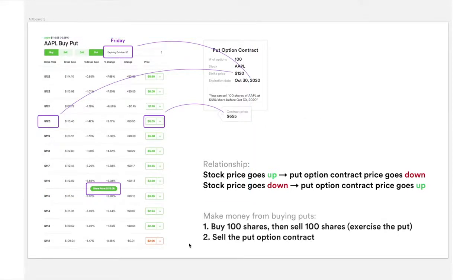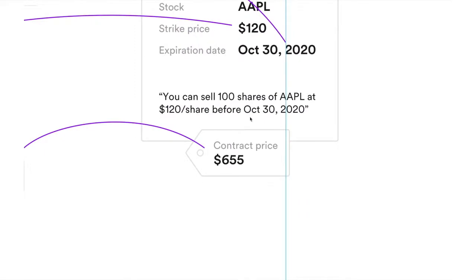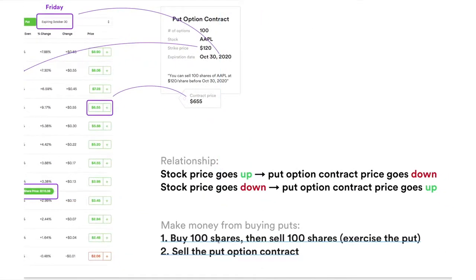How do we make money from buying a put? Well, there are two ways. One, like what we discussed before, you can buy 100 shares from the market, then you exercise the put, which means you can sell 100 shares of Apple at the strike price. Typically, what you buy should be a lower price and what you sell should be a higher price, so you can profit the difference.